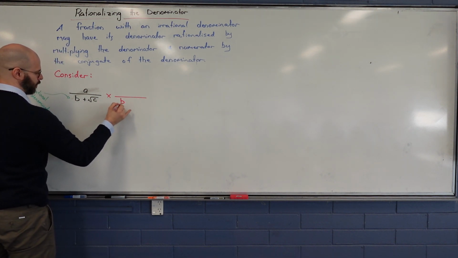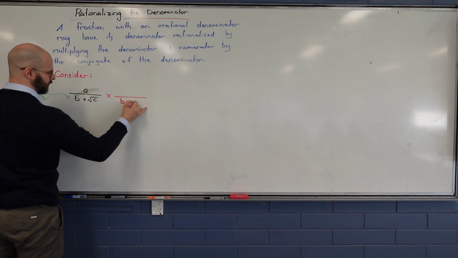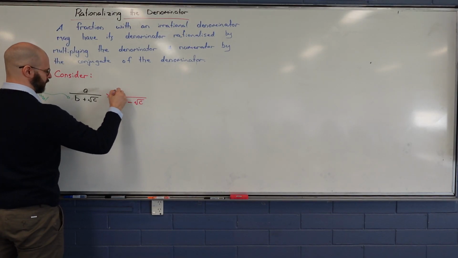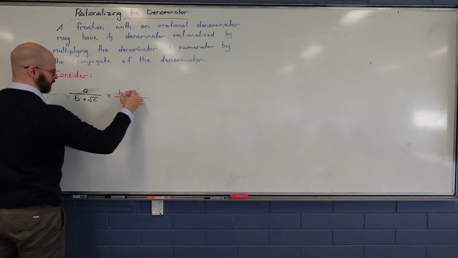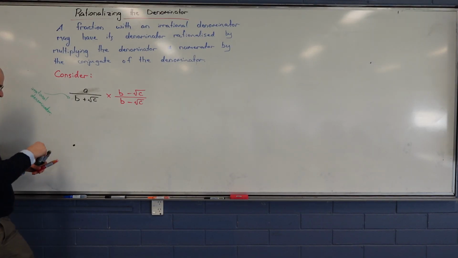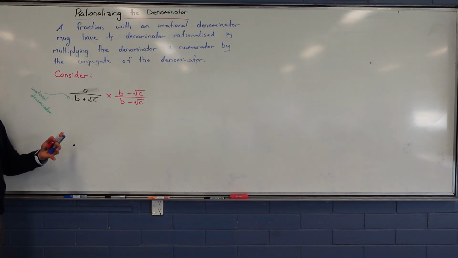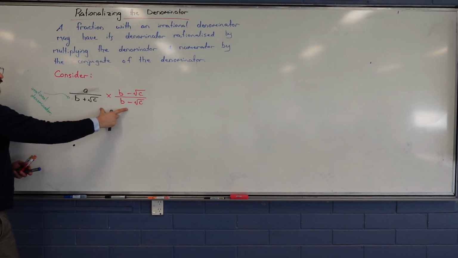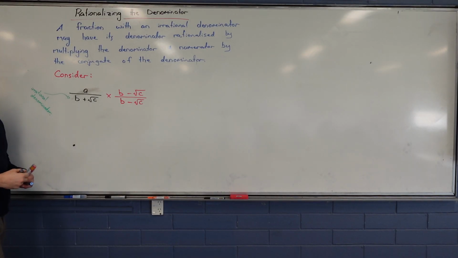So this is going to become b minus root c, b minus root c. Now this looks eerily familiar to what we were doing before, where earlier we were expanding the difference of two squares situation. Look what happens when we write this thing as a whole fraction.